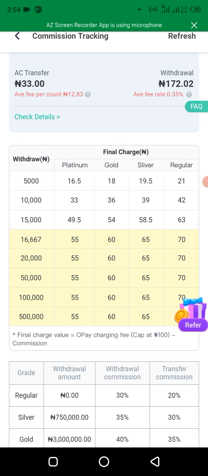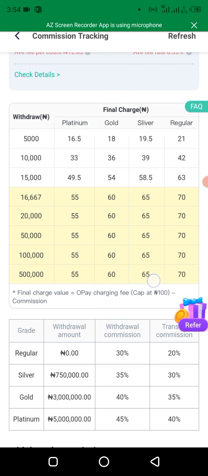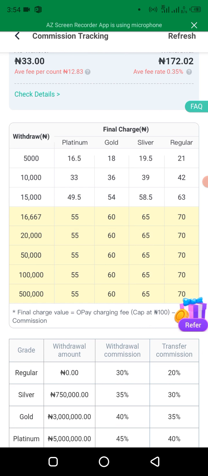Okay, now this is the breakdown of everything. Now this is the breakdown of the actual amount they charge you for transactions. Now they start from 5,000 naira. Now for regular merchants, if you withdraw 5,000 naira, instead of on other platforms, now it is very, very cheap.